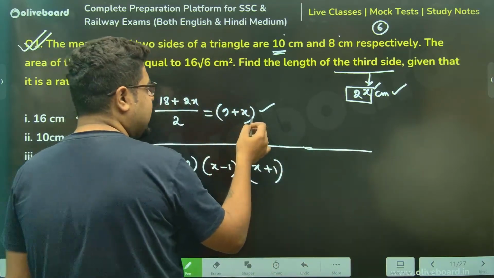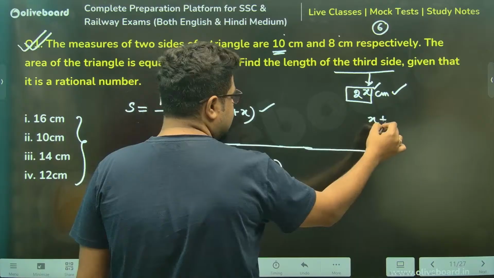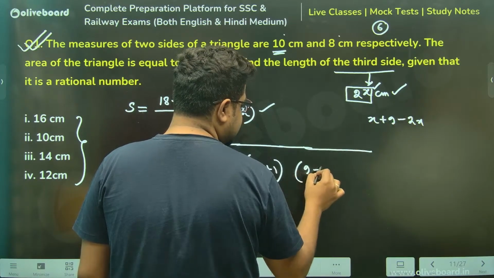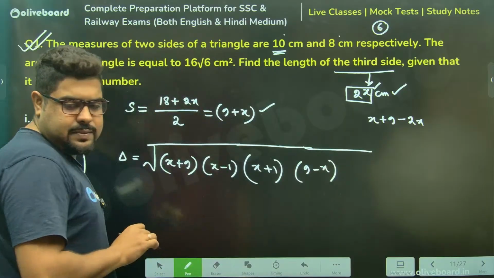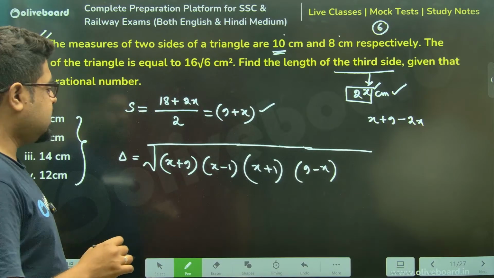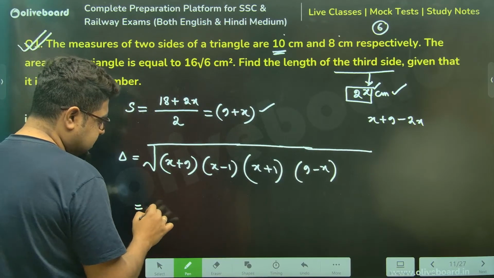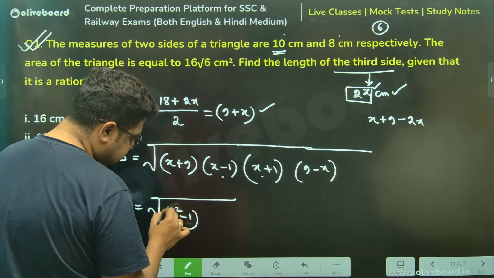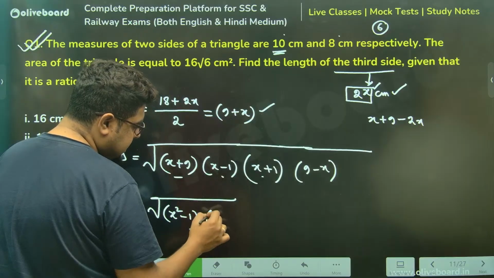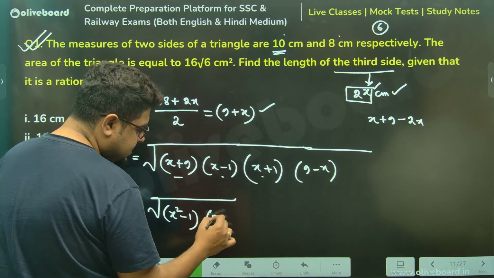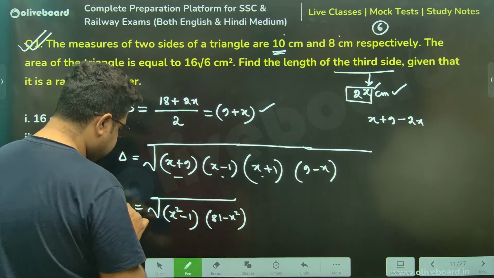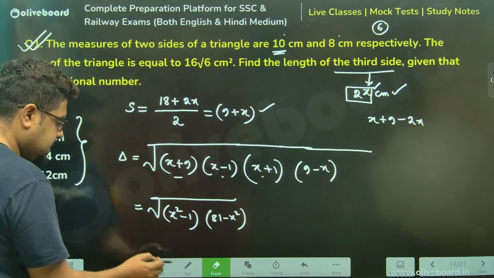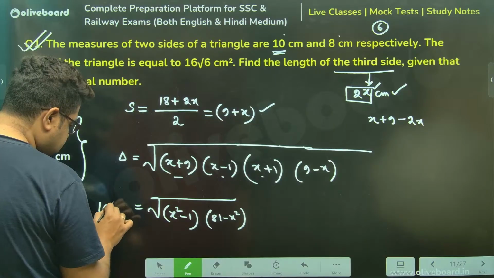S minus c meaning x plus 9 minus 2x, so this will be 9 minus x. Correct, everyone? So if you calculate this into this, it will be x square minus 1. This into this is 9 square minus x square. This is delta, sir. And this is given to you as 16 root 6.